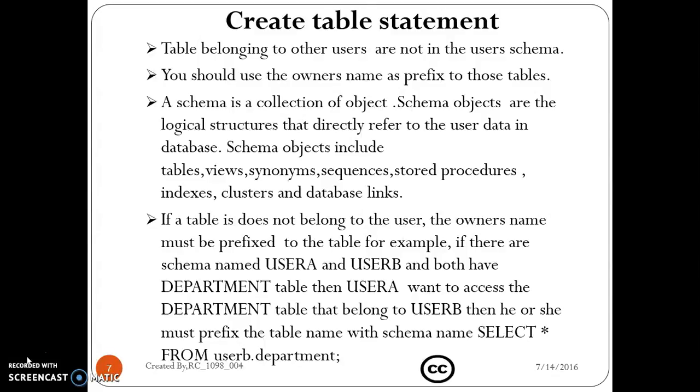If a table does not belong to the user, the owner's name must be prefixed to the table. For example, if there are schemas named user A and user B and both have a department table, and user A wants to access the department table that belongs to user B, then he or she must prefix the table name with the schema name: SELECT * FROM userB.department.